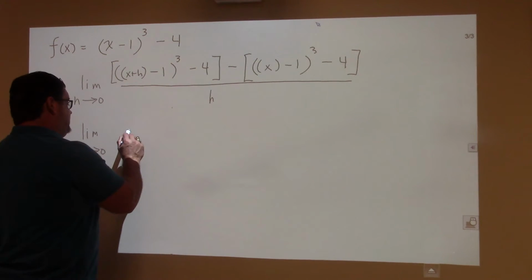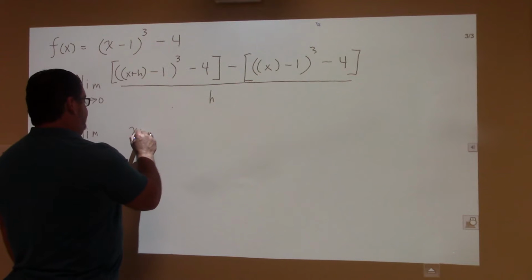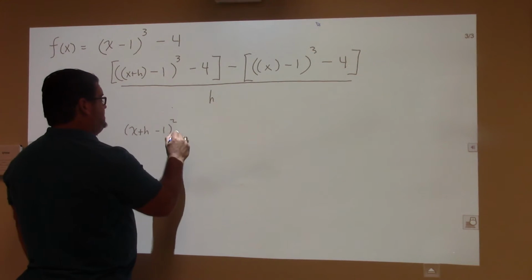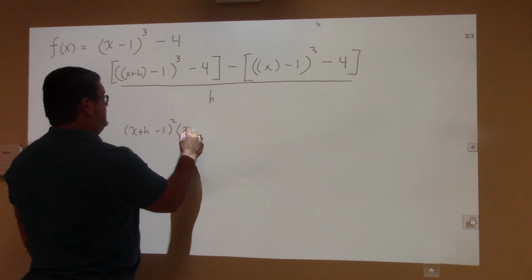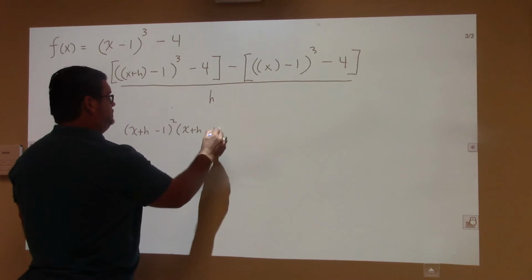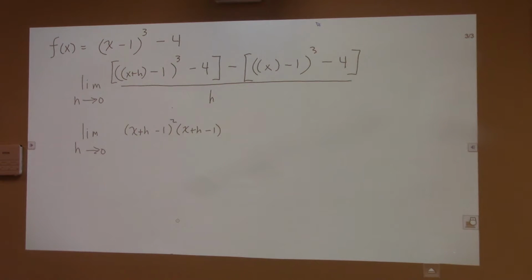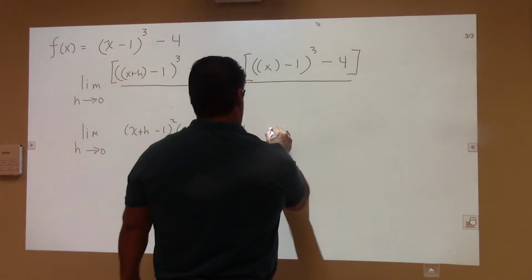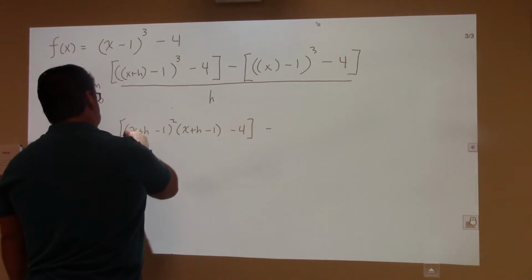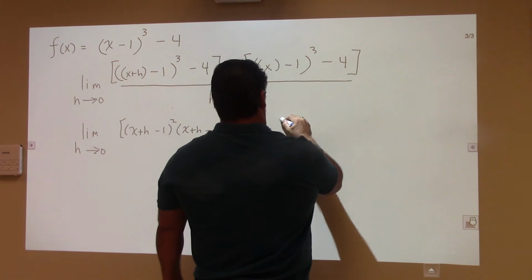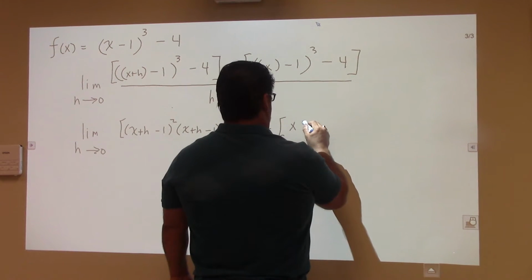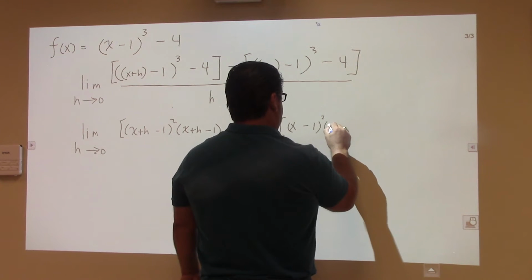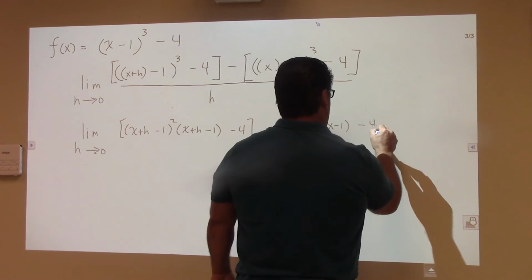So we're going to have to put that as x plus h minus 1 quantity squared times x plus h minus 1, minus 4, minus x minus 1 quantity squared times x minus 1 minus 4.